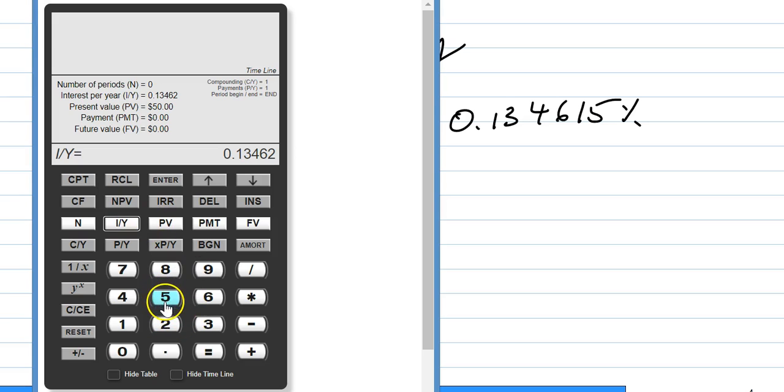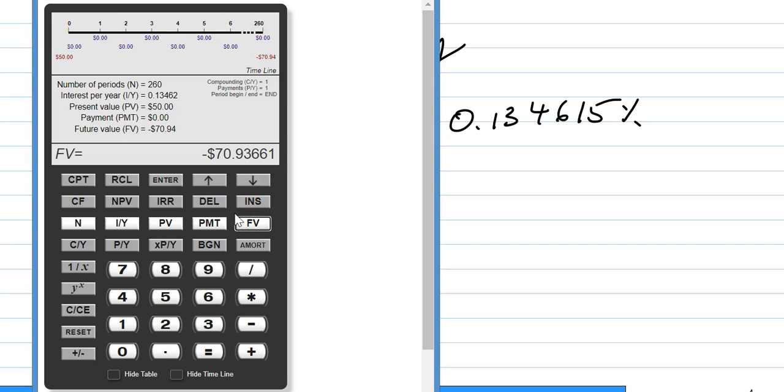And we need the number of periods, which is 5 times 52, or 260 periods. And let's compute the future value. And the future value is 70.94.